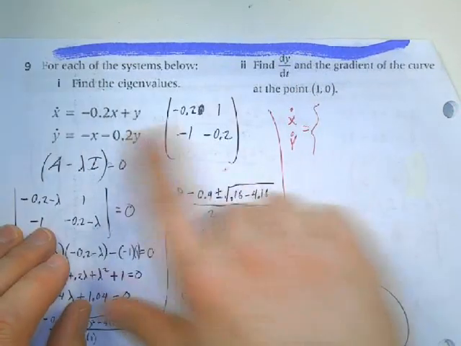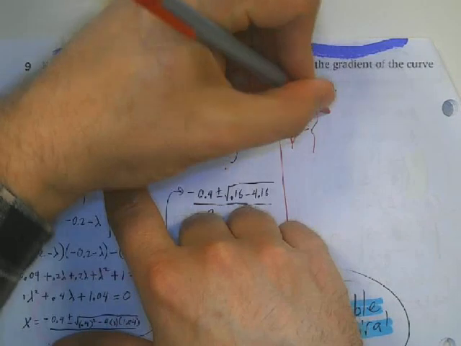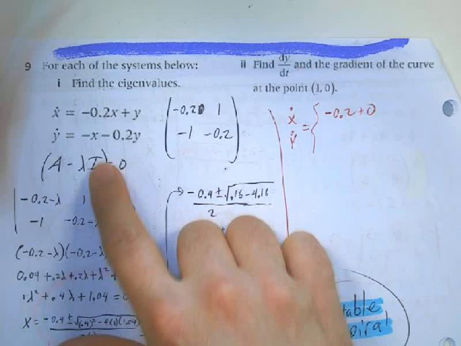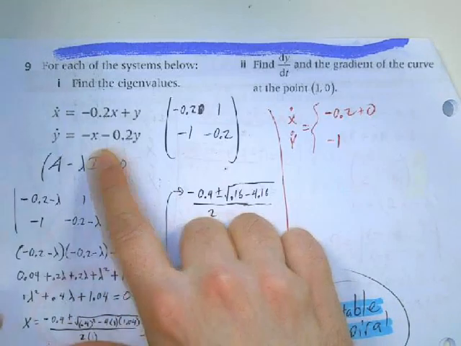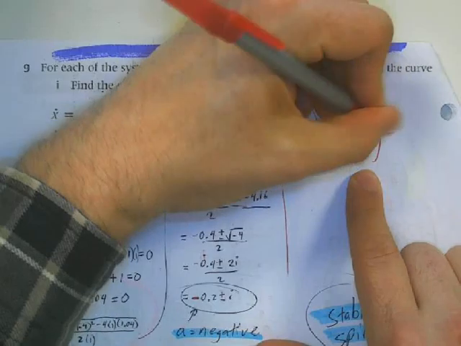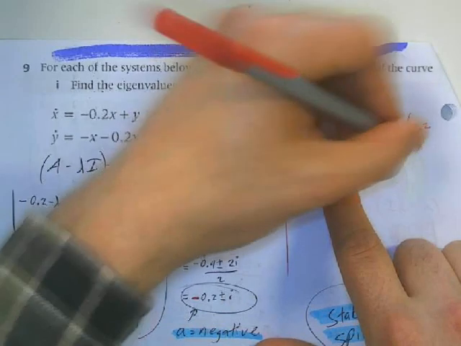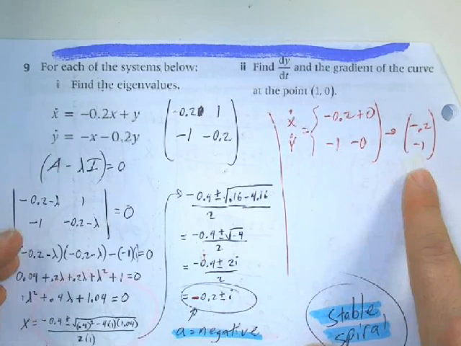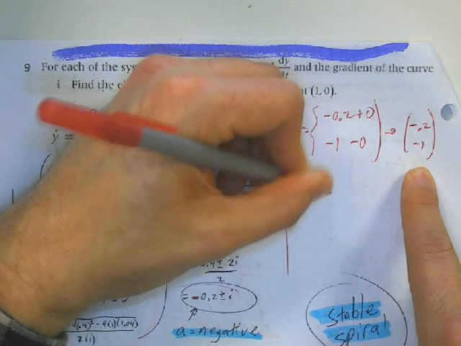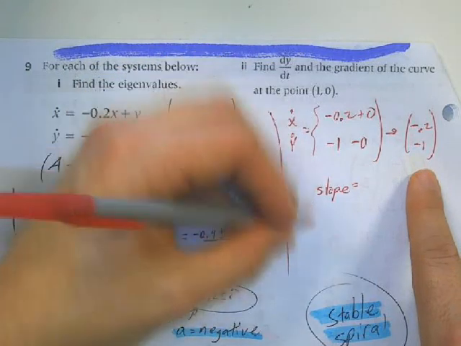So I'm going to plug in 1 for x, so negative 0.2 and plus 0 and negative 1 minus 0. So this simplifies to negative 0.2 and negative 1. Okay, so my slope, rise over run, right? Let's just draw the picture here.